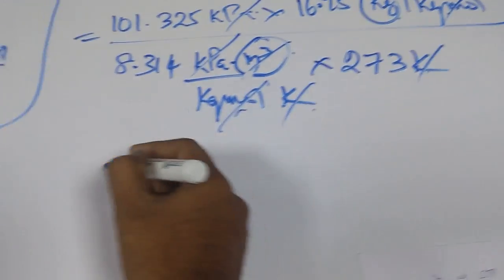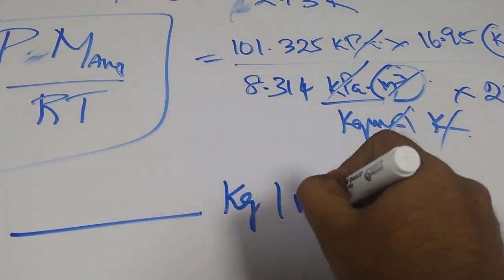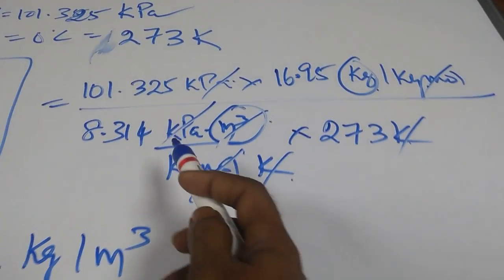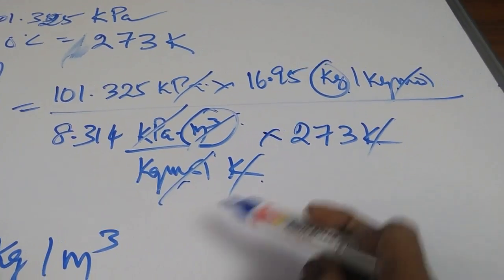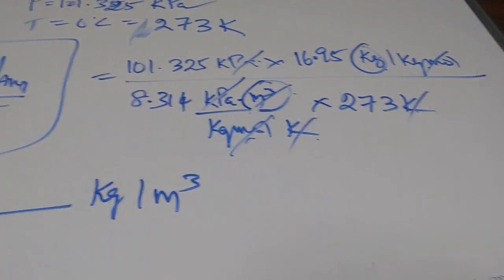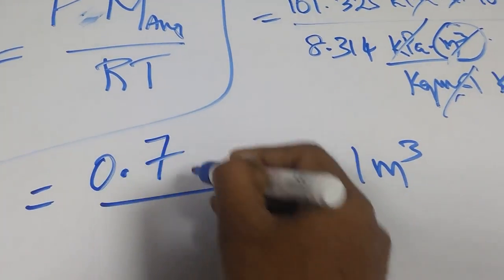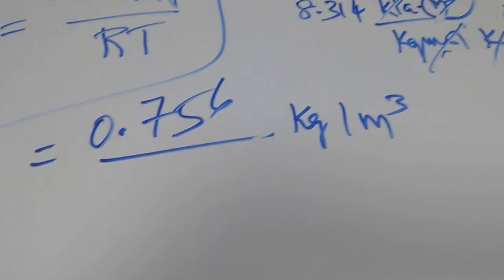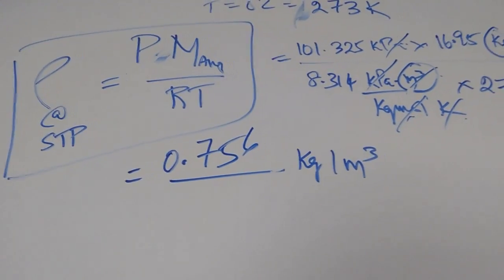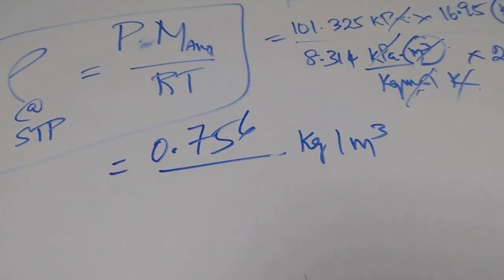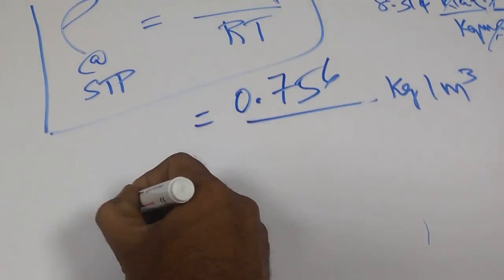So the remaining unit is density in kg per meter cube. Please use your calculator: 101.325 into 16.95 divided by 8.314 divided by 273. What you get is 0.756 kg per meter cube. The density of this gas mixture at STP conditions is 0.756. Okay, so now the D part.